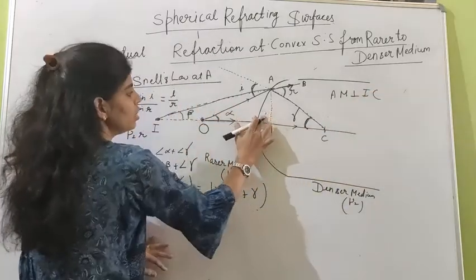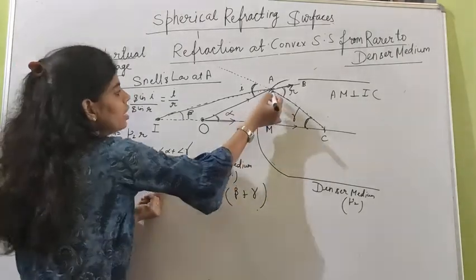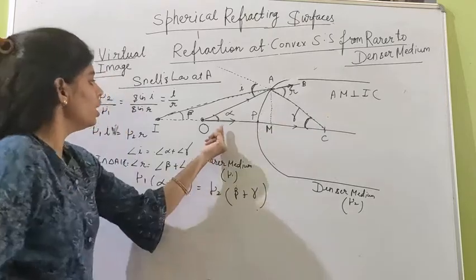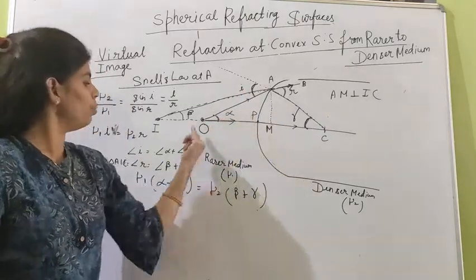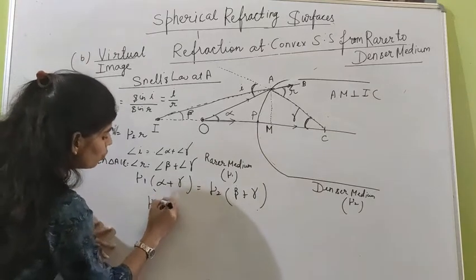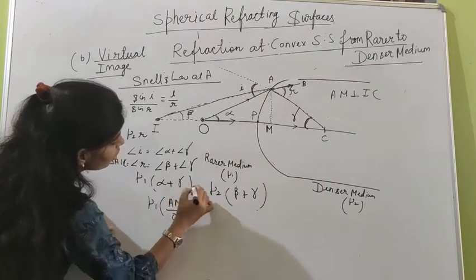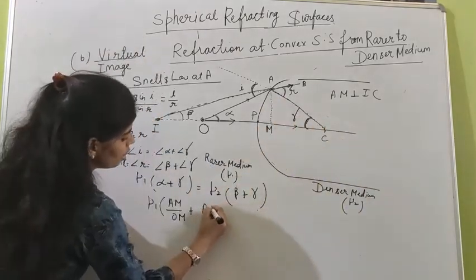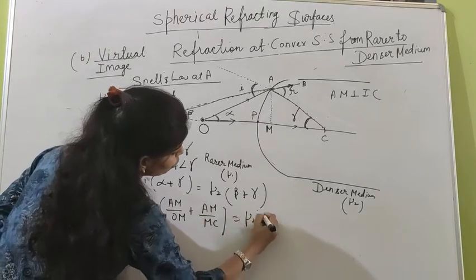Now alpha in triangle OAM is AM by OM, so mu1 AM by OM. In the same way, gamma in this triangle is AM by MC, equal to mu2.